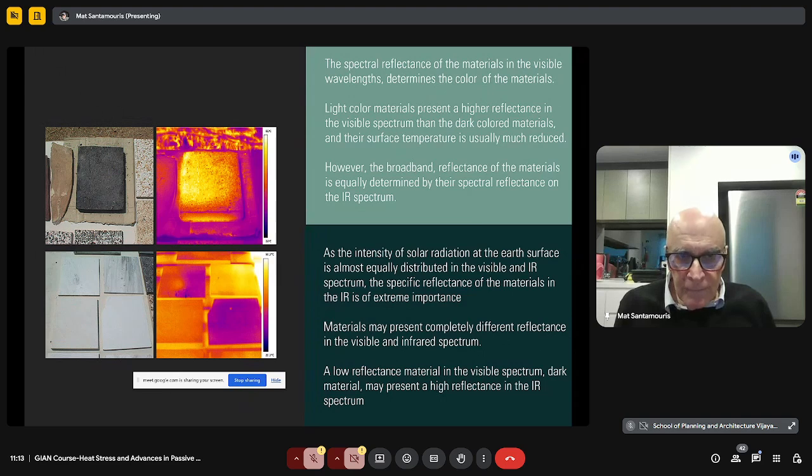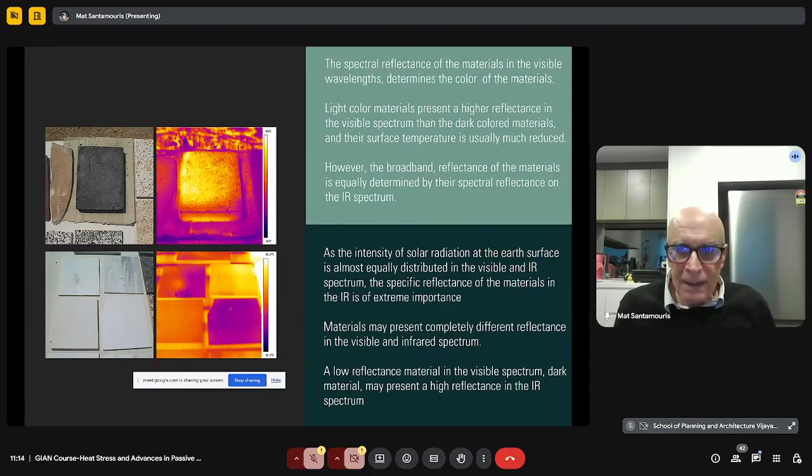So it is important when we work with materials, when we consider materials for cities or buildings, to take into account the properties of the materials in the whole spectrum, not only what we see.